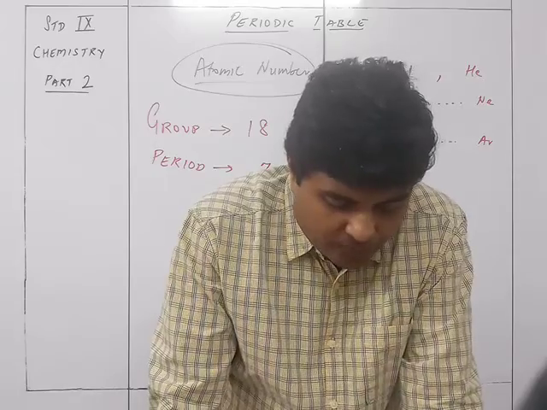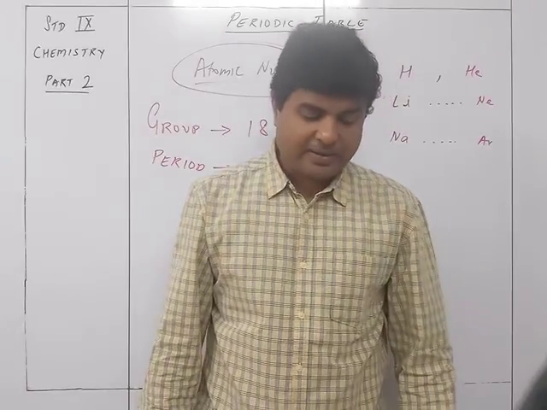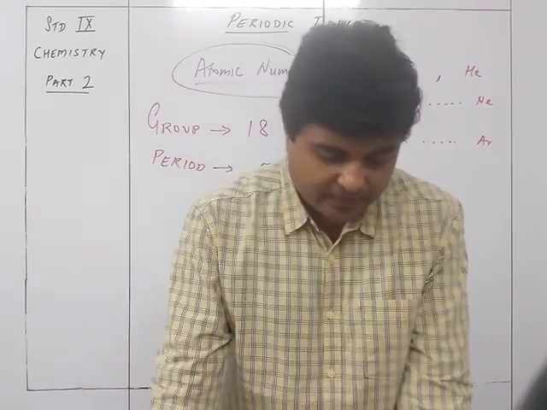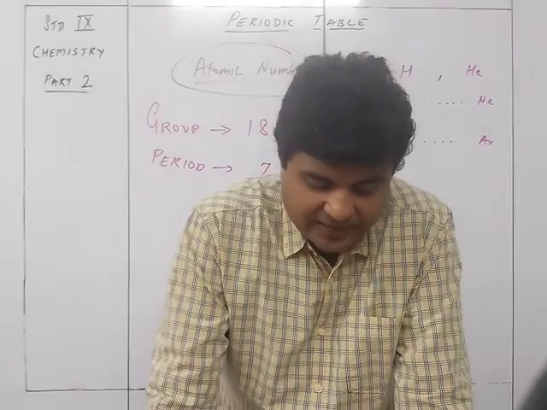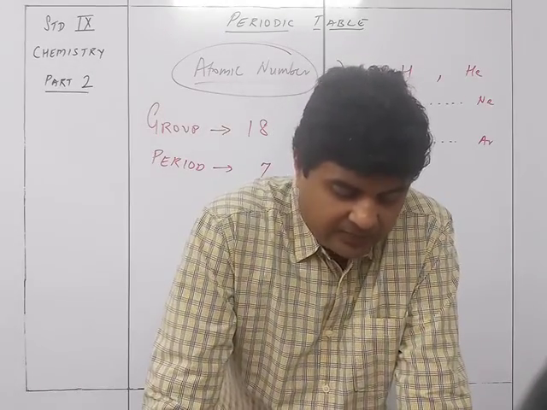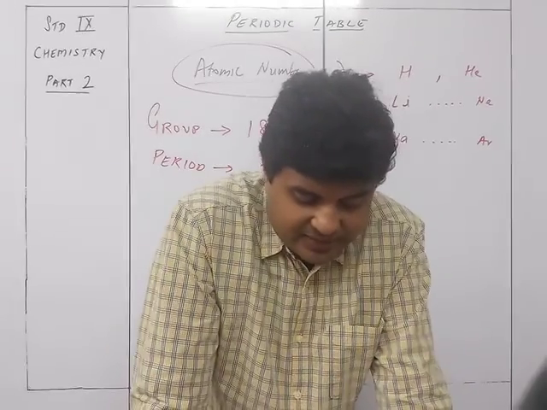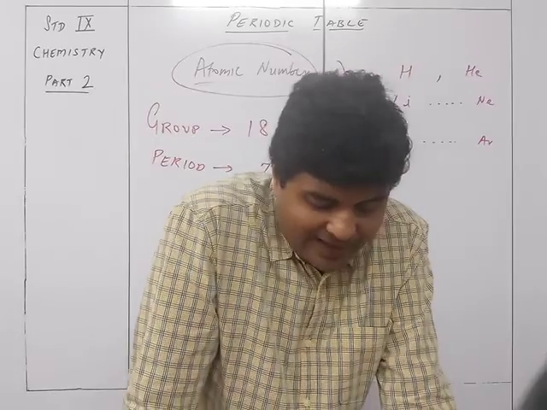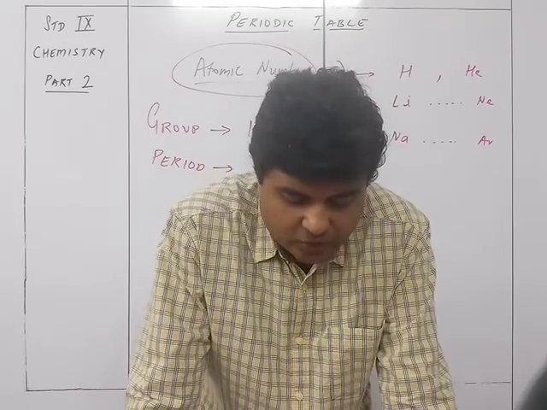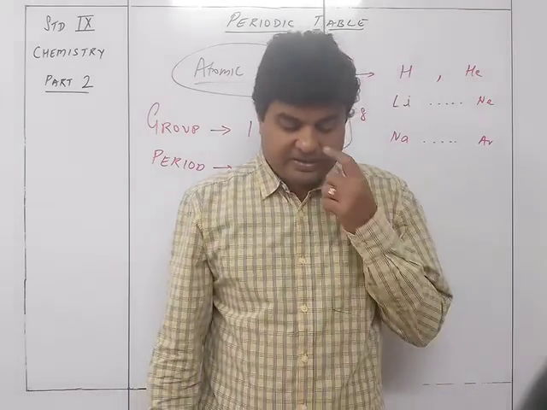Now groups 3 to 12 are the transition elements, they are all metals. They lie at the center of the periodic table between the highly electropositive metals on the left and the highly electronegative non-metals to the right. There are inner transition elements, which are the lanthanide, rare earths, and actinide series. They lie at the bottom of the periodic table in 2 horizontal rows, 14 elements each.